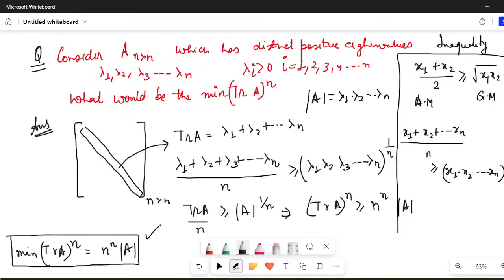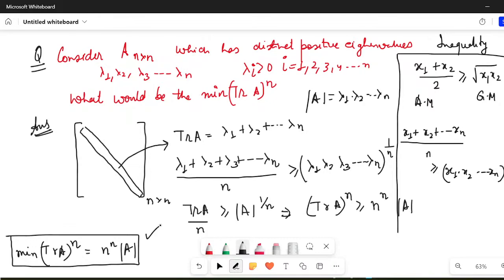Okay. So this particular problem was lately asked in Chennai Mathematical Institute, I think, for an interview or something. Actually, when I teach mathematics students, I find that inequalities play an important role.